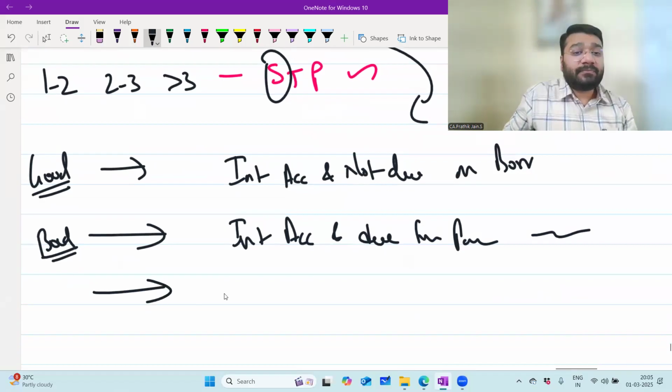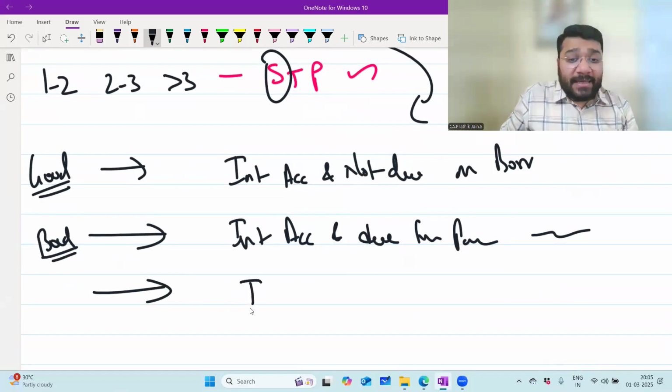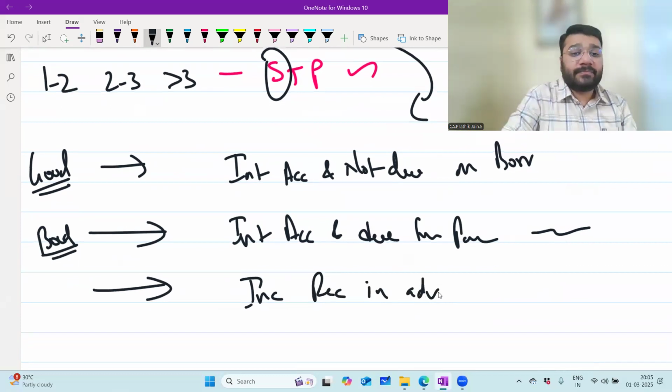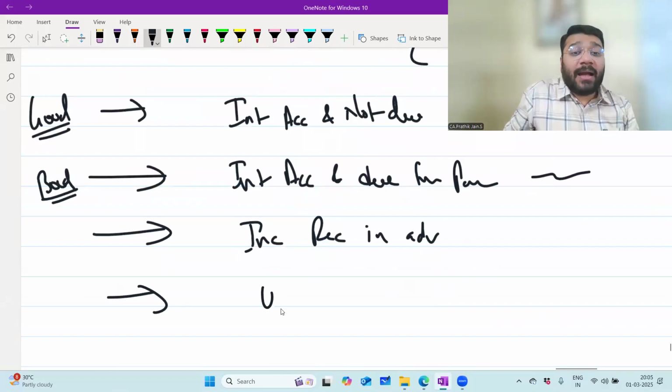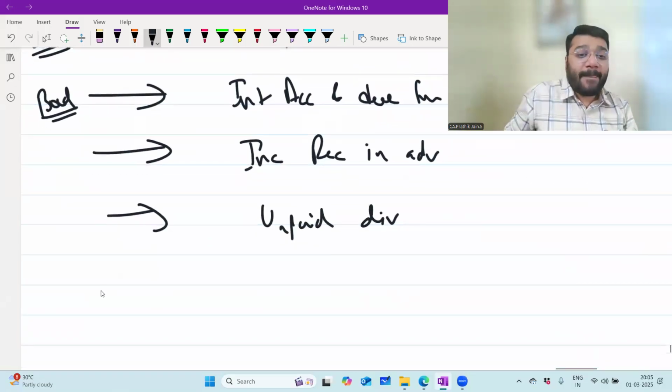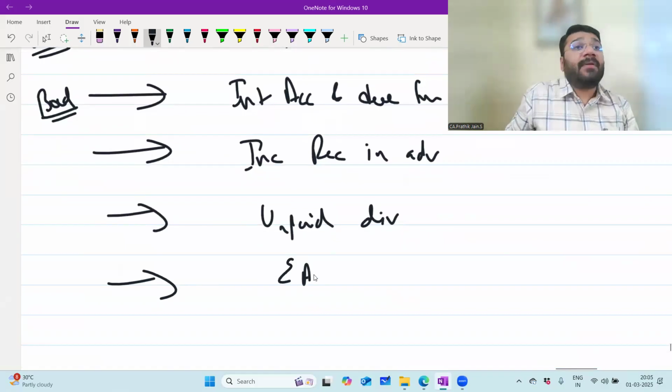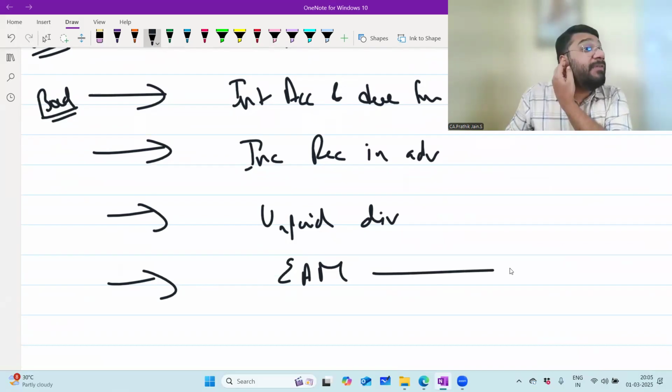Next, the third one: income received in advance. Very good. Unpaid dividend. Then excess application money to be refunded.